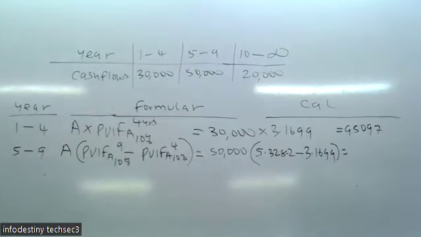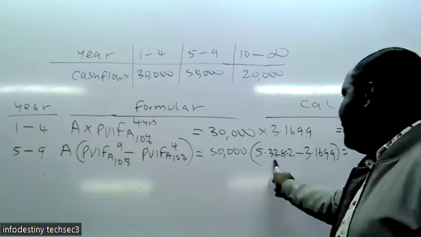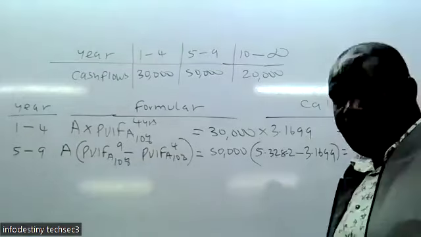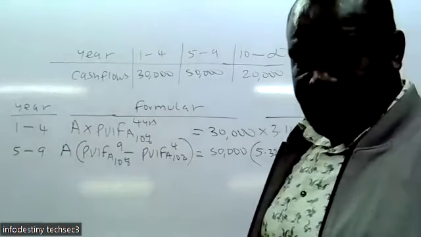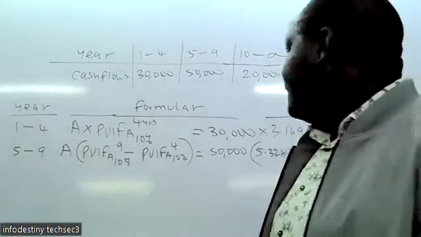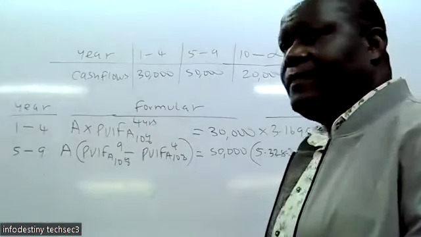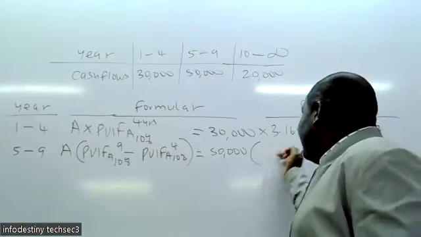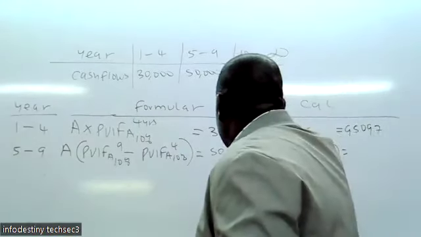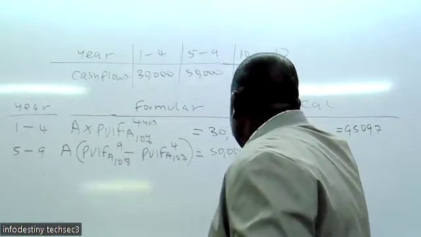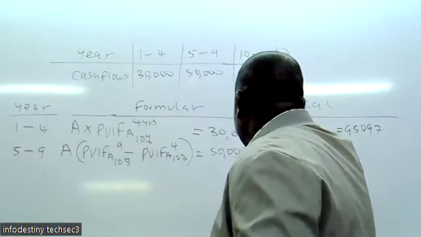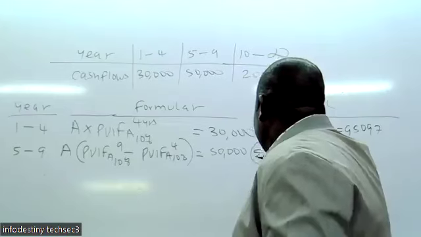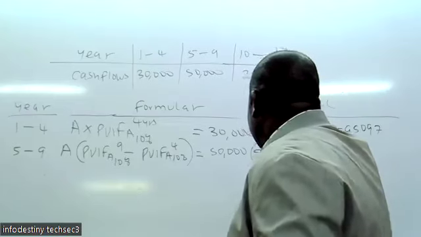We check the figure that we created from the table, this one. This one should be 5.7590.